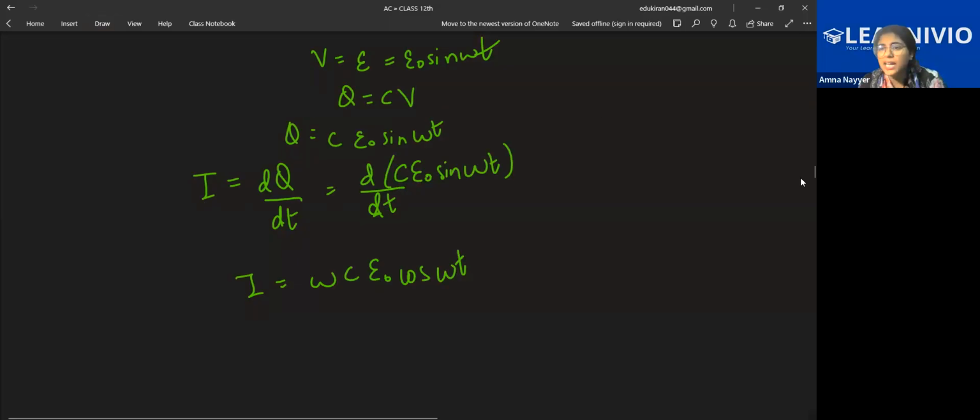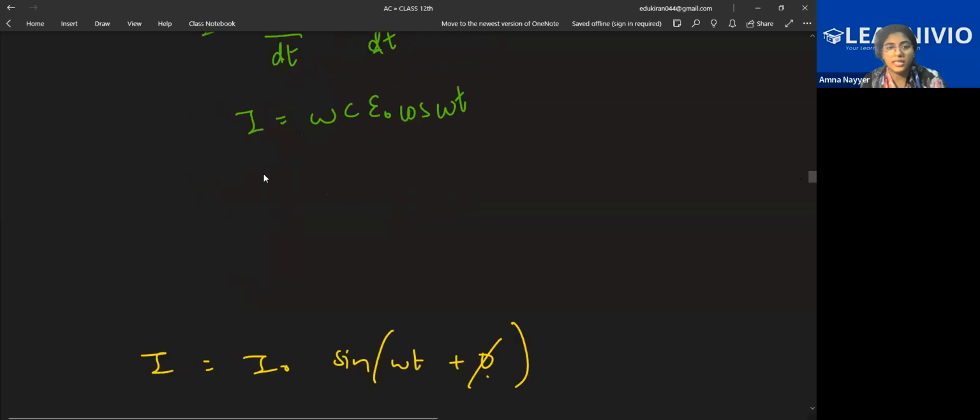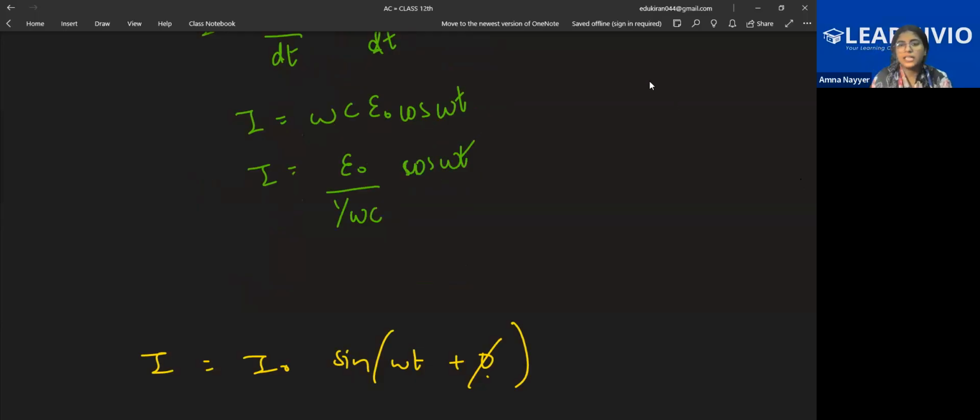In this equation, this is the final equation, but there are some slight changes that will lead us to the main equation. I can write this as E naught by 1 by omega C, cos omega t. If you have such a situation, E naught divided by 1 by omega C, how do you simplify it further?